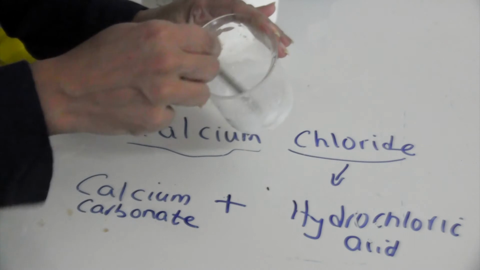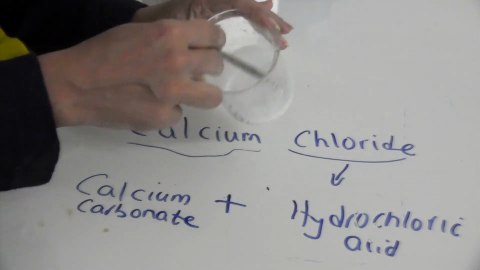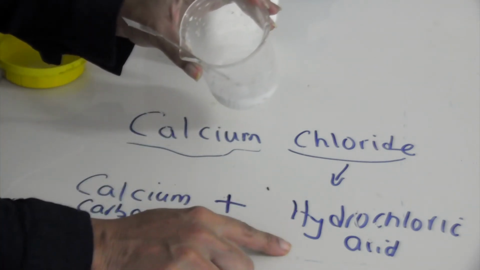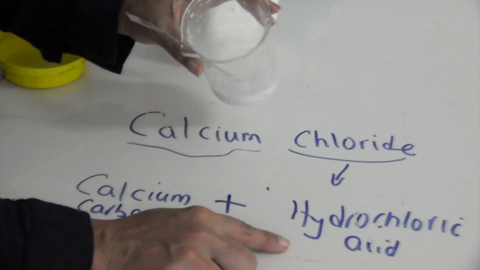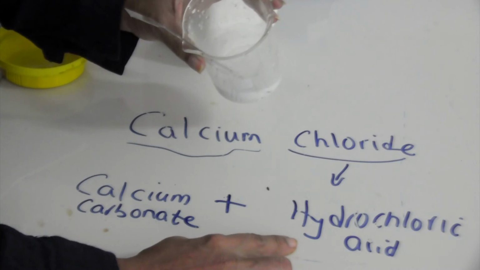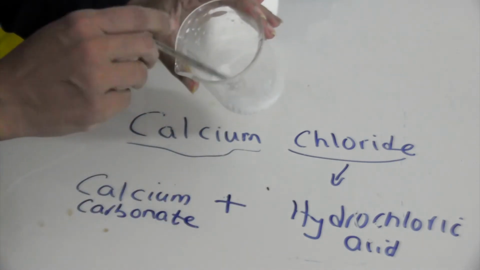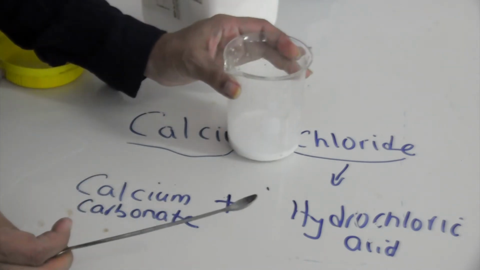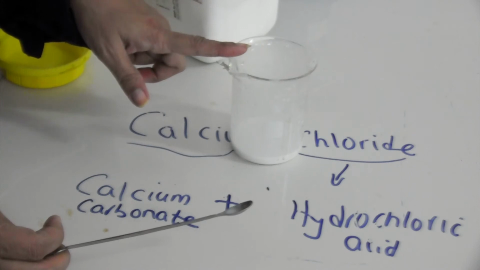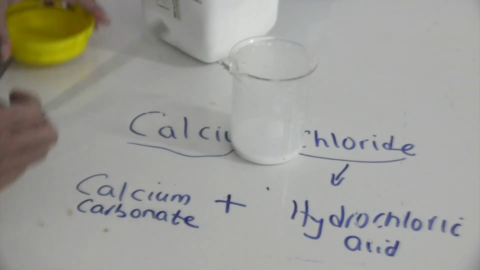So now I'm sure there's no further reaction in this one, and I'm sure that my calcium carbonate is in excess. And hence, for my hydrochloric acid, we use the word limiting reagent. Limiting reagent means if this one is in excess, then this one becomes a limiting reagent, meaning it's completely used up. Okay, for this particular one, we don't need to heat it. The reaction is quite complete. But if we use others, I would say to be on the safe side, we heat a little bit to ensure that the reaction has been completed.